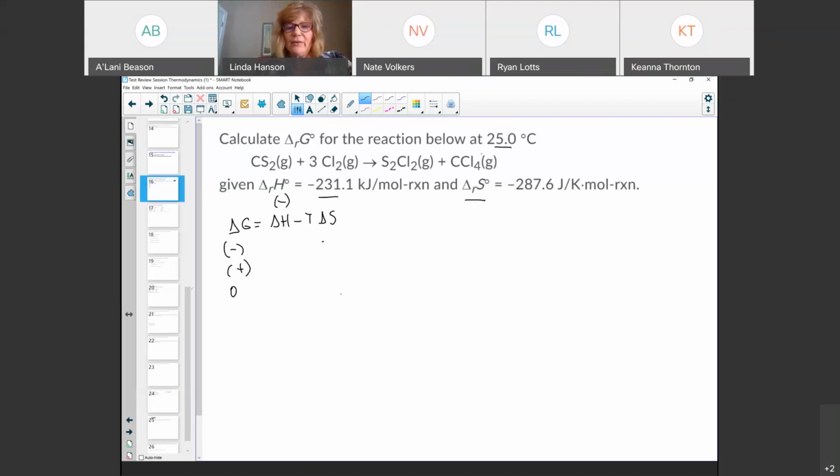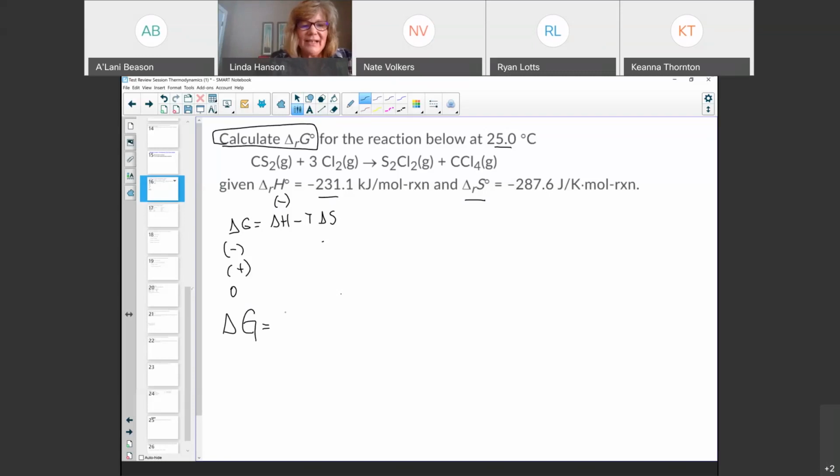It really is just a matter of plug and chug to solve for delta G, providing every variable H, T, and S. The only trick is to remember to match units. So when we're asked to calculate delta G, I know that's my target.